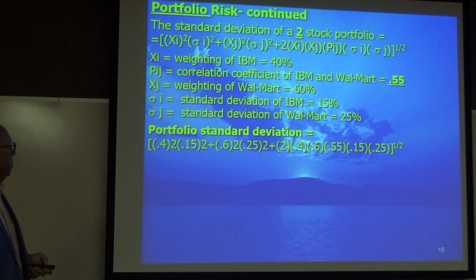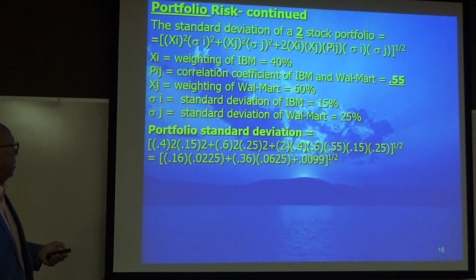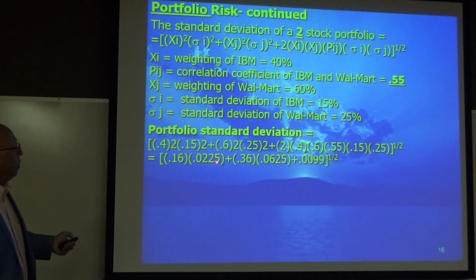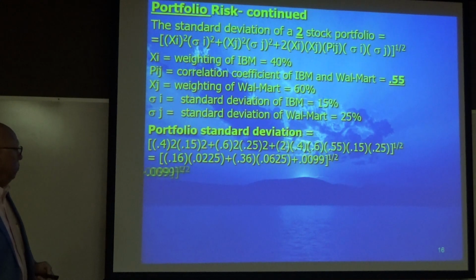I have to fix that. It's not times 2, it's raised to the second. So this would be 0.16, the weight squared times the standard deviation squared plus the weight squared times standard deviation squared plus 2 times the weights multiplied by the standard deviations, all raised to the 1/2.